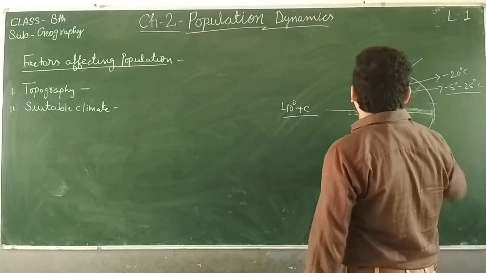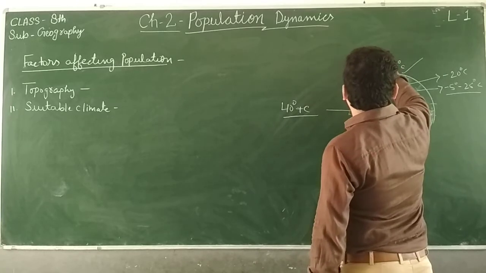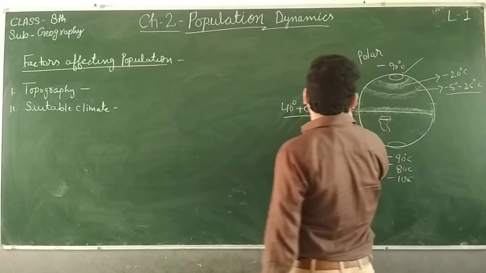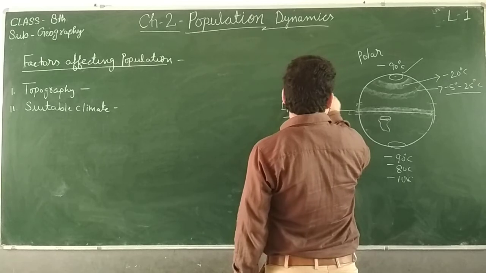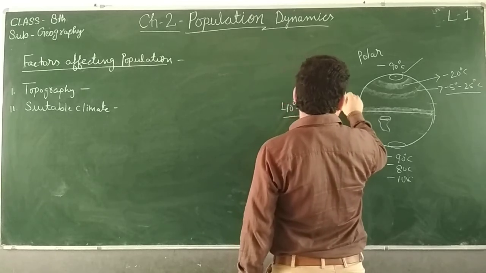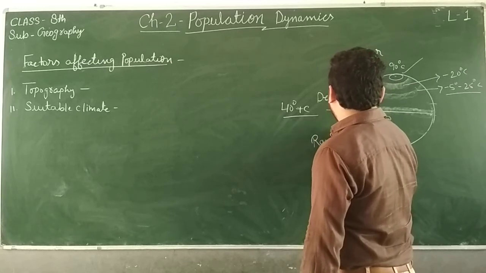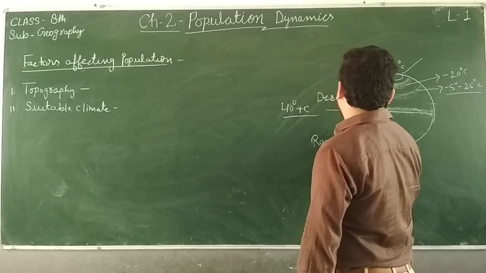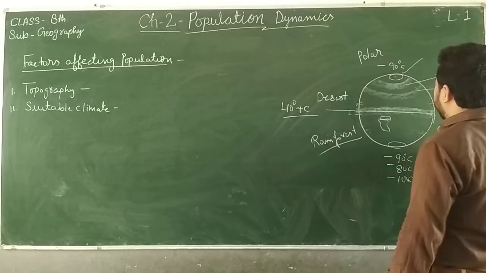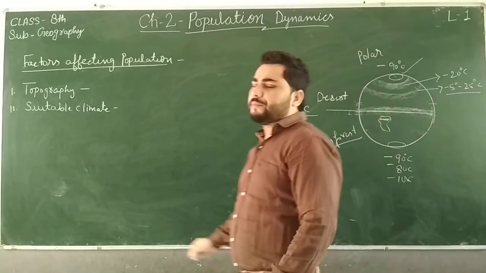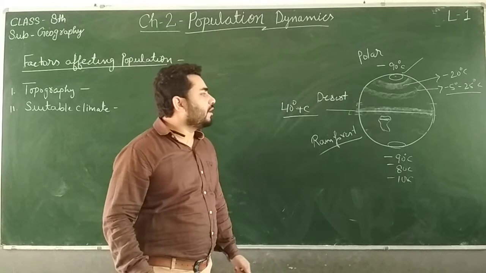If I ask you to live at polar areas, you will not be able to live. If I ask you to live at the desert areas, equatorial desert areas, you will not be able to live. If I ask you in rainforest, you will not be able to live, right? So climate also plays a very important role in where you will prefer to live.